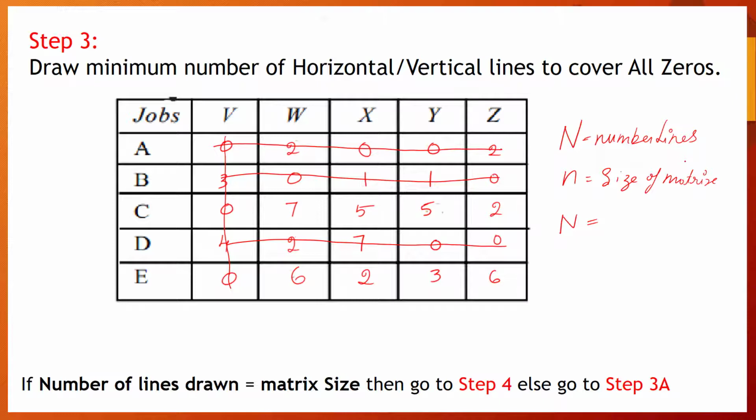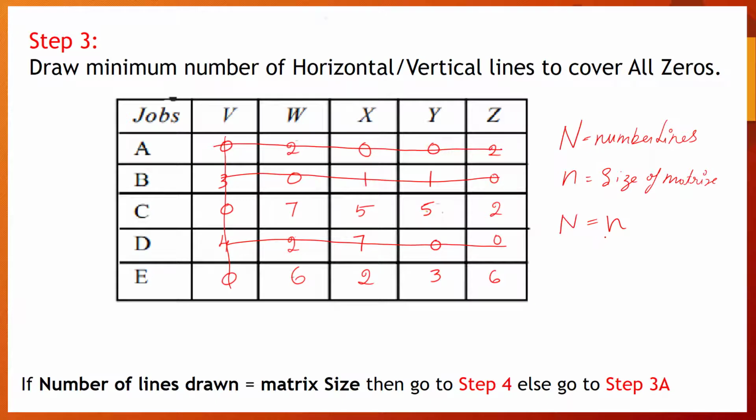Size of the matrix is the number of columns or number of rows. So here we have the square matrix, so it will be n itself. In case it is not a square matrix, we need to consider whichever is maximum. If rows is maximum, then n equals rows, or else if columns is maximum, n equals columns.